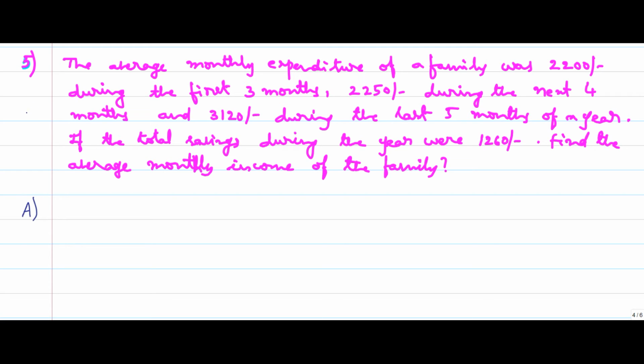So first we need to know what is the total expenditure. So the total expenditure is equal to, first 3 months it is 2200 into 3, and later next 4 months it is 2250 into 4, and next 5 months it is 3120 into 5.